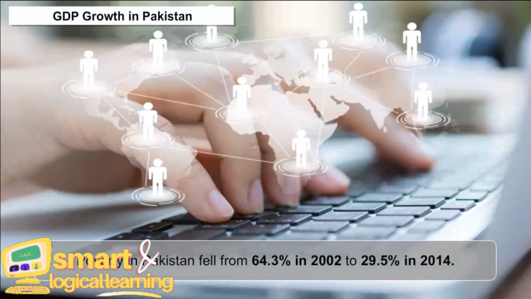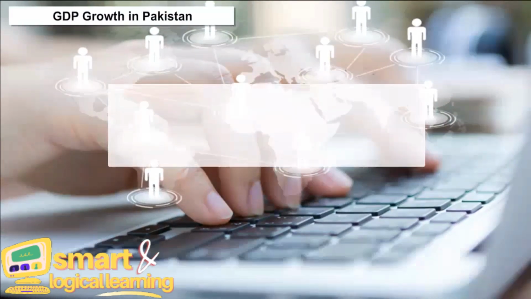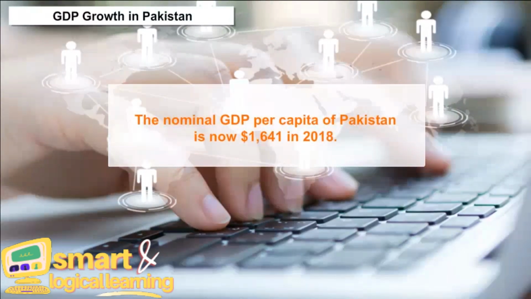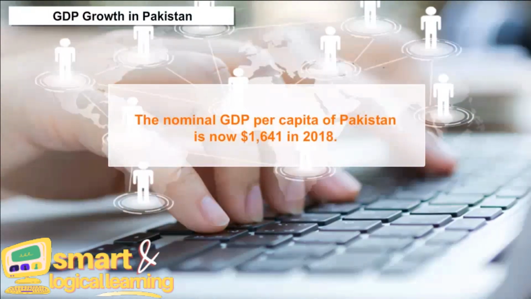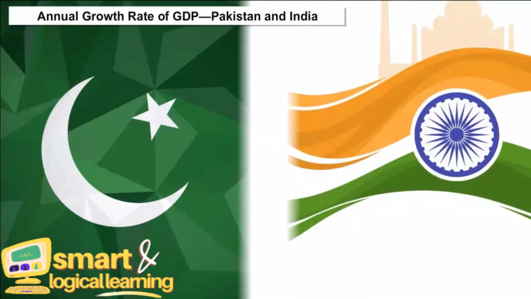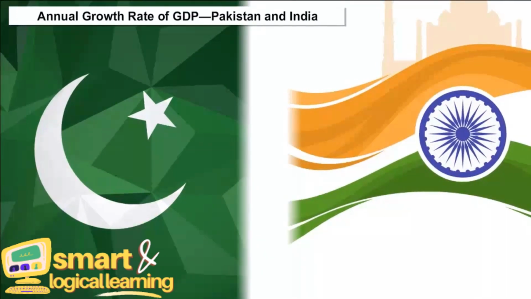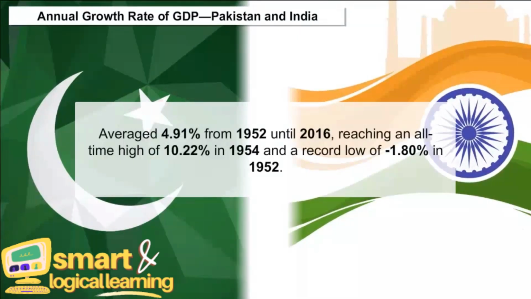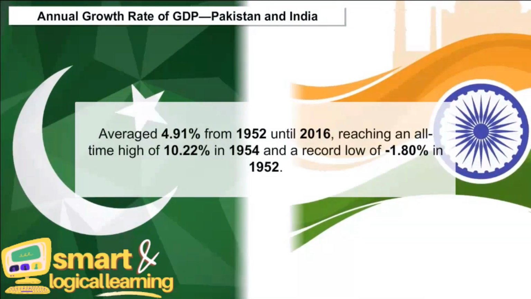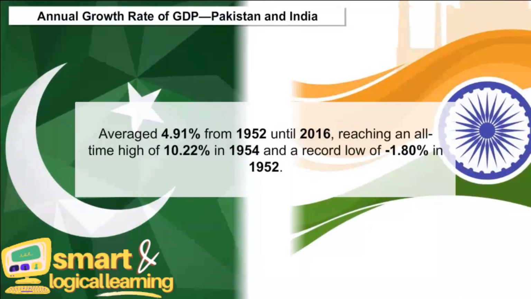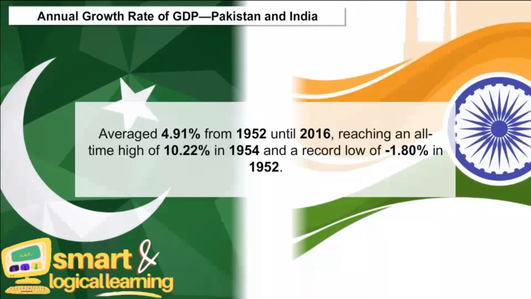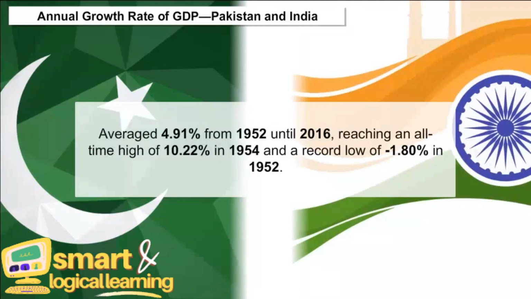Recently, according to World Bank data, poverty in Pakistan fell from 64.3% in 2002 to 29.5% in 2014. The nominal GDP per capita of Pakistan is now $1,641 in 2018. Annual growth rate of GDP, Pakistan and India. GDP growth rate in Pakistan averaged 4.91% from 1952 until 2016, reaching an all-time high of 10.22% in 1954 and a record low of -1.80% in 1952.